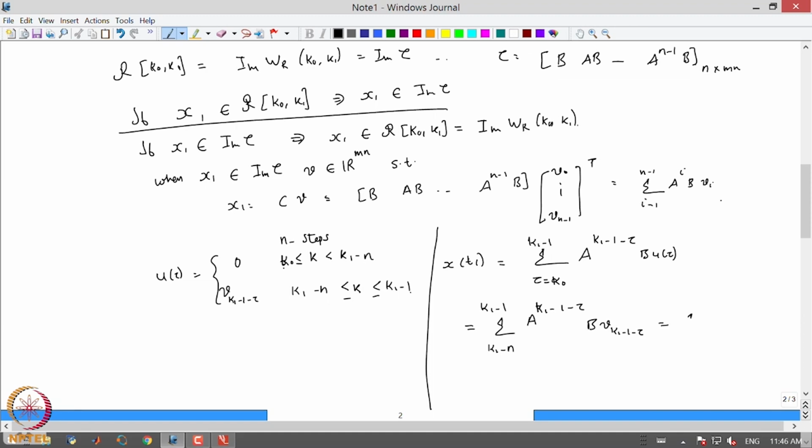This is simply the summation I equal to 0 to n minus 1 of A power I B v I.